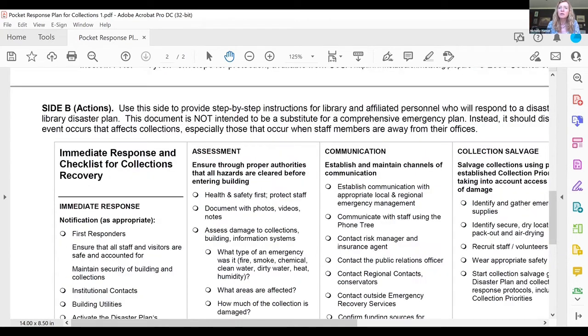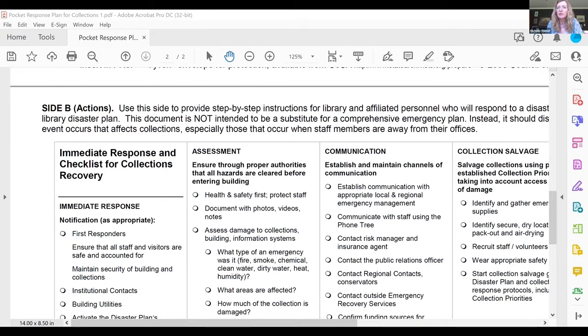So something you might be unsure about, what to put in. If you just look on the internet, there's a template for a pocket response plan. This is for plant collections, so it's for living collections, but they might have something there for preserved plants as well, for herbaria.